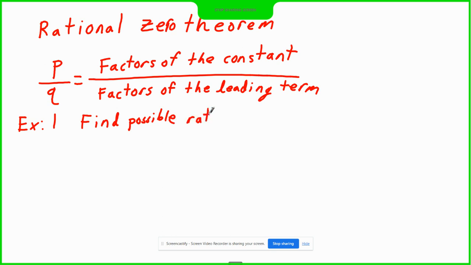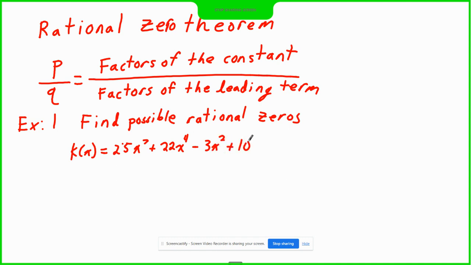All right, and the example we're going to look at is k of x equals 25x to the 7th power plus 22x to the 4th power minus 3x squared plus 10.